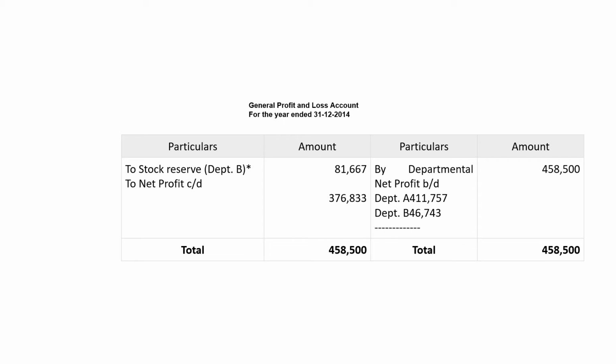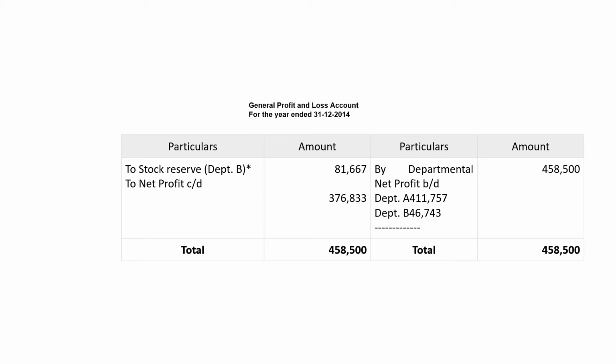So, 12,25,000 divided by the total purchases made by the department, that is 12,25,000 plus its own purchases, so that will be a total of 15,75,000. So 12,25,000 was purchased from department A by department B out of the total purchases made by department B, that is 15,75,000, into the closing stock of department B, which is 3,15,000.